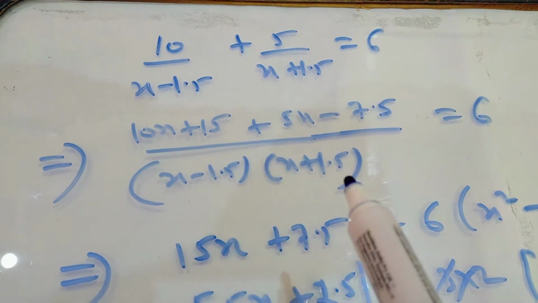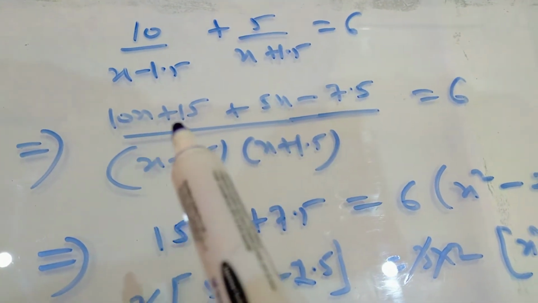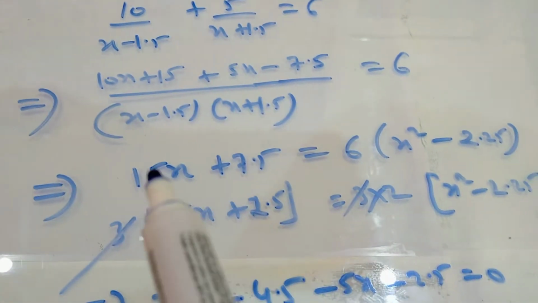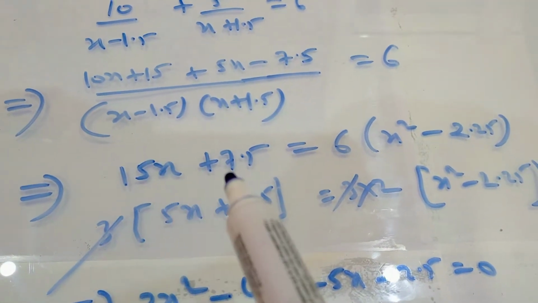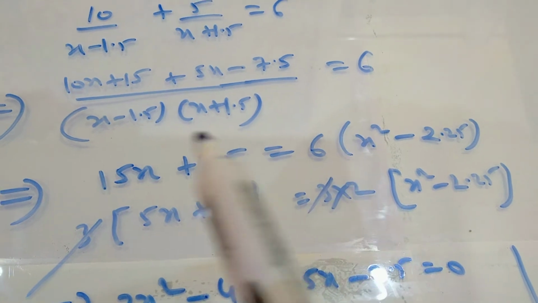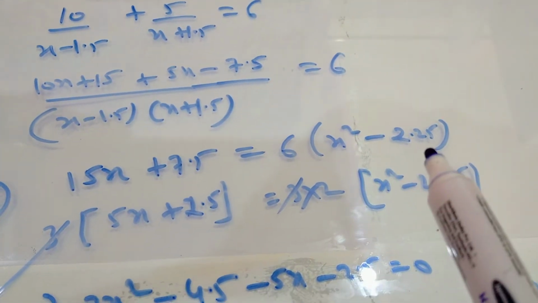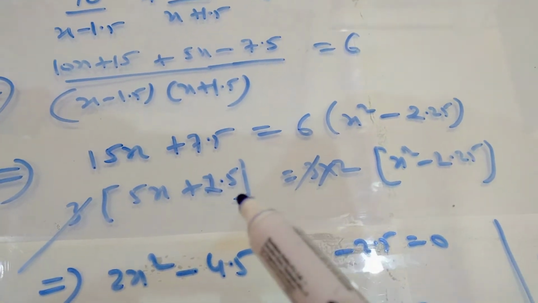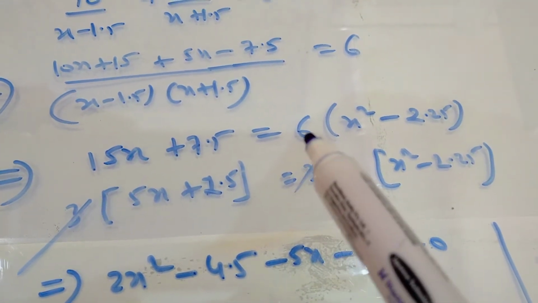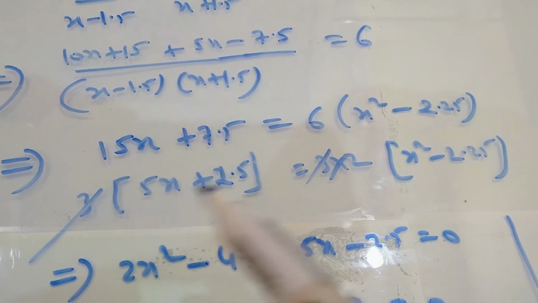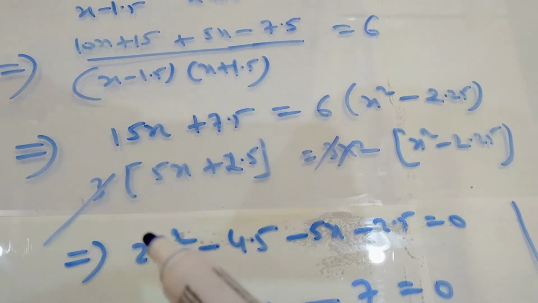I've taken the LCM over here. So we got 10x plus 15 is equal to 5x minus 7.5. After simplification it has come 15 plus 7.5 is equal to 6 times of the product of these two numbers, it is x square minus 2.25. Now I have taken 2, and from here I have taken 3 common, so I can cancel out this 3 with this 3.